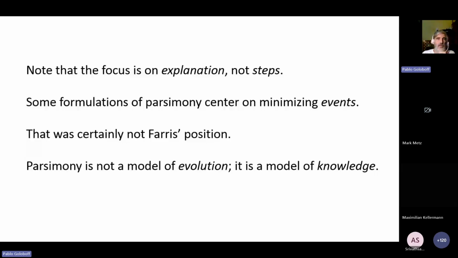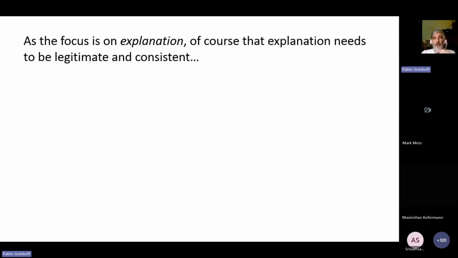As the focus is on explanation, of course, that explanation needs to be legitimate and consistent. That is, it needs to agree with other things we know about evolution, about development, and so on and so forth.